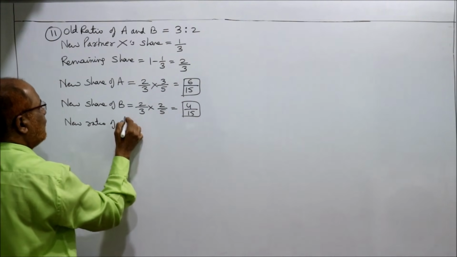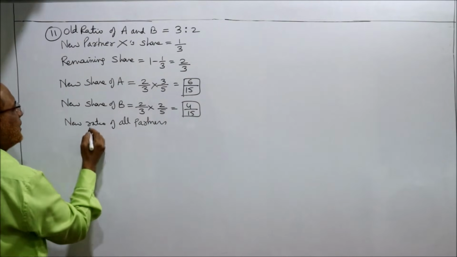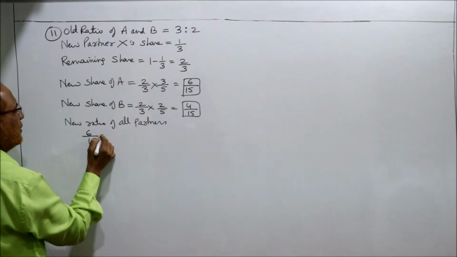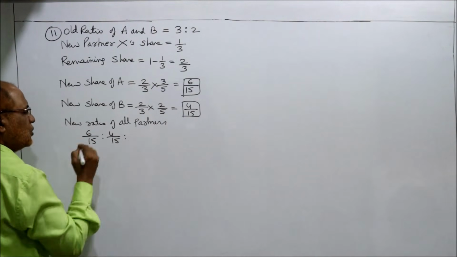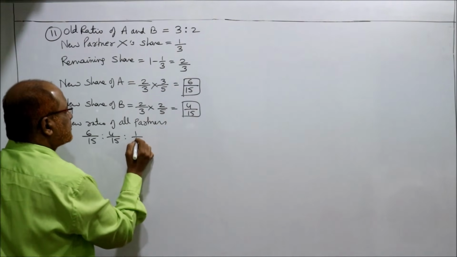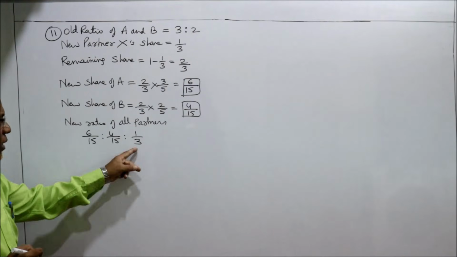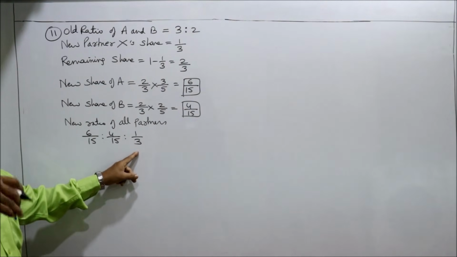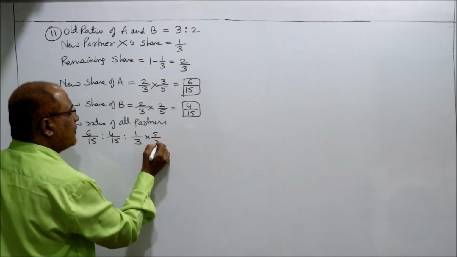New ratio of all partners. So A partner is 6/15 is to 4/15 is to, what is the share of X? 1/3. X's share is 1/3, but we require 15. So to convert 3 into 15, we multiply by 5.